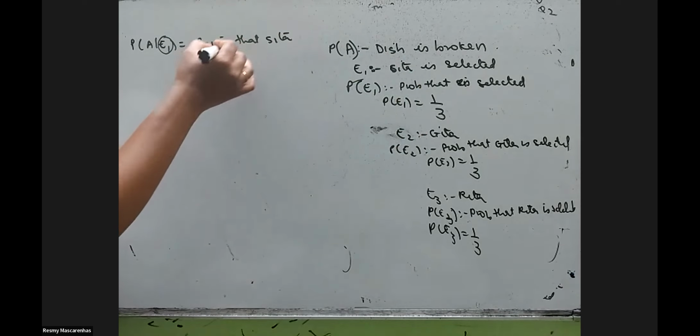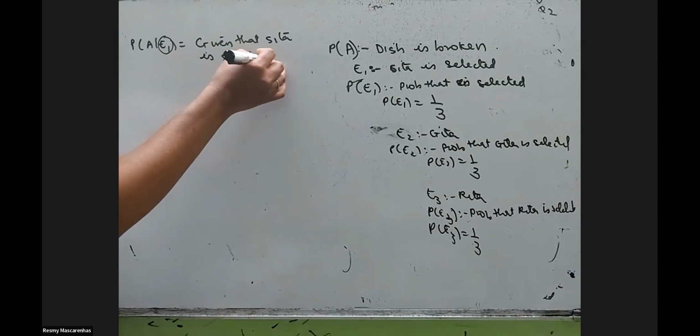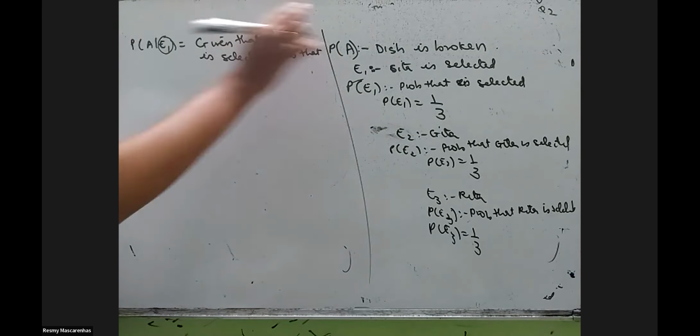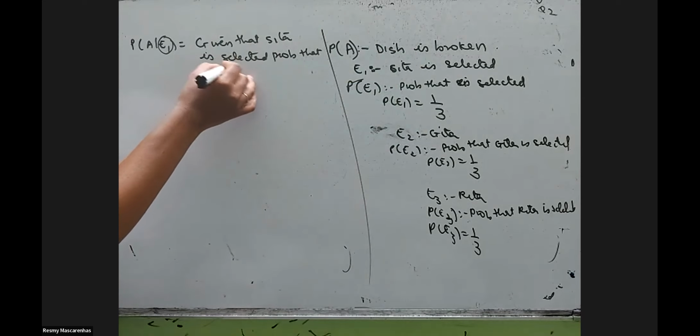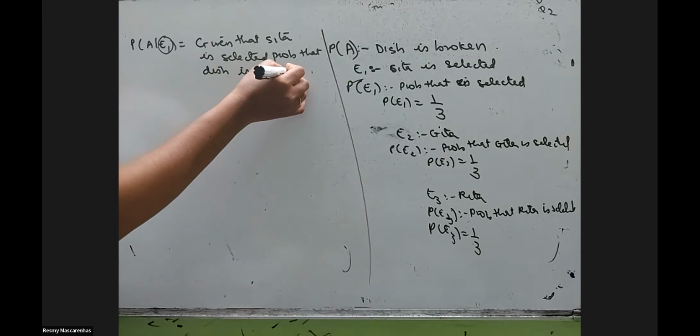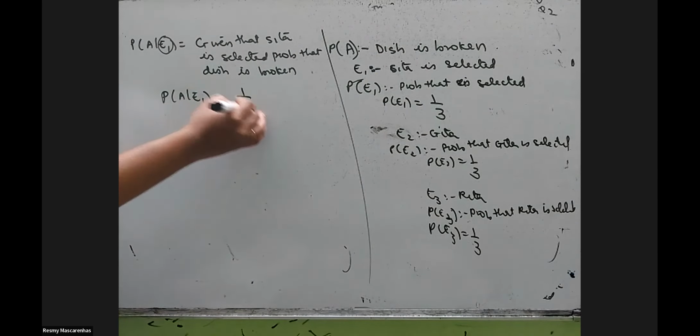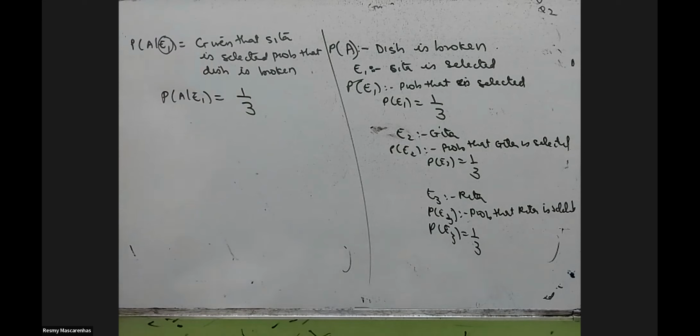Given that Sita is selected, probability that A, which means the dish is broken. How much has been given? Look into the question. P of A upon E1: when Sita is selected, they have given that the probability that the dish is broken is 1 by 3. When Sita is selected, Sita's chance of breaking the dish is 1 by 3.